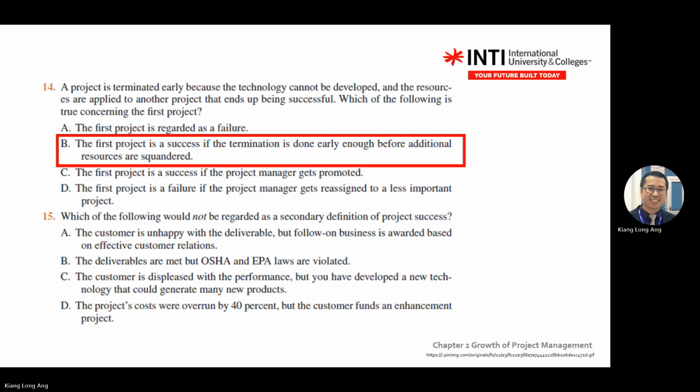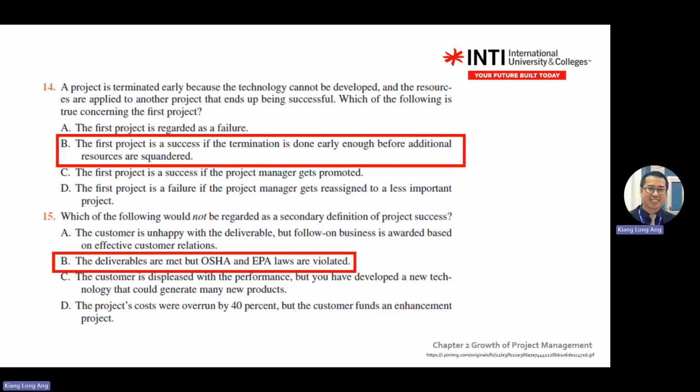So which one? Okay, the answer is B. Why?